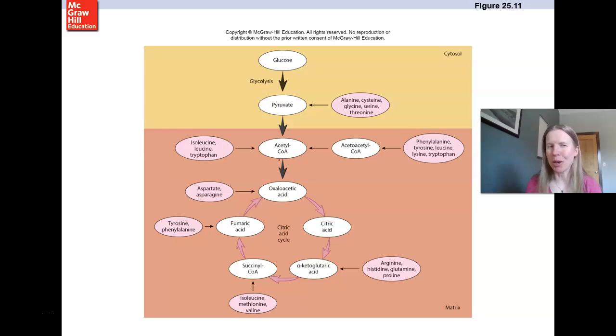Others end up being 2 carbon molecules that look like acetyl-CoA, and we go from there. And then there's a few that plug in at various intermediate steps in the citric acid cycle. So just know that amino acids can get used, and they're a little different.